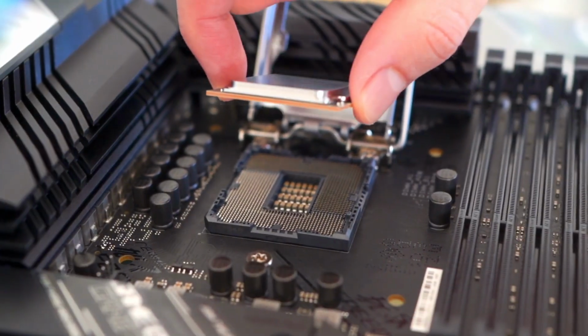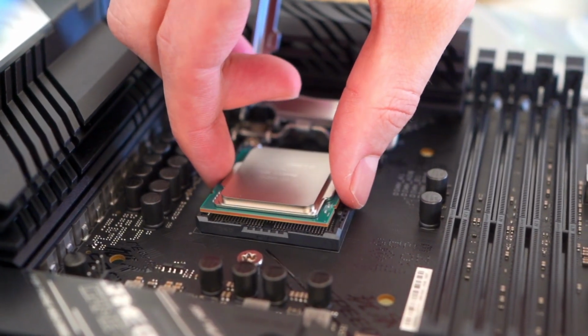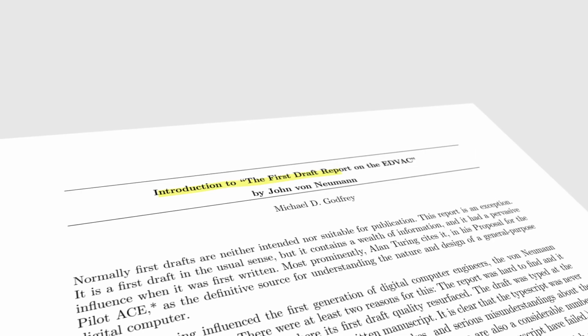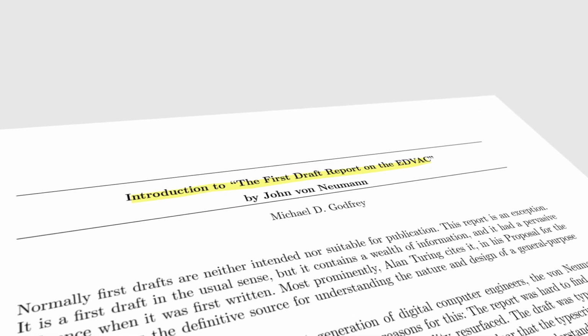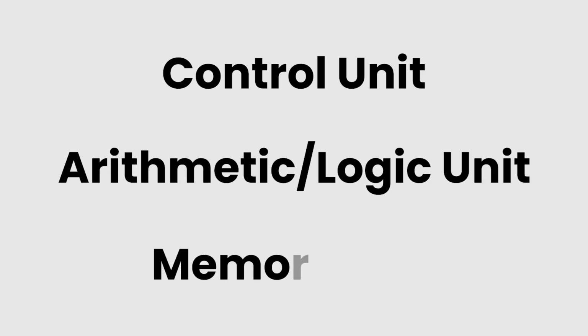Most of the processors used today are based on the von Neumann architecture. It was first introduced by John von Neumann, a famous physicist and mathematician, in his report First Draft of a Report on the EDVAC, back in the 1940s. The von Neumann architecture has three main parts: the control unit, the arithmetic logic unit, ALU, and the memory unit.